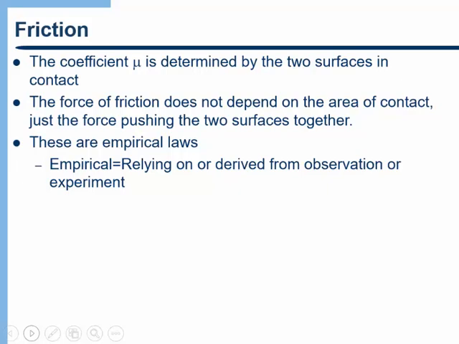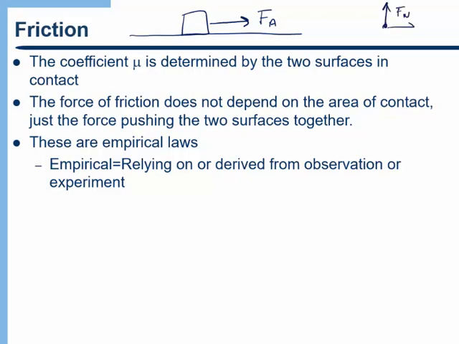We need to literally take one object, put it on another object, and figure out what applied force it takes to pull that object at a constant velocity. We know that if we're pulling that object at a constant velocity, then the applied force and the force of friction have to be the same, and therefore by measuring the applied force we can determine the force of friction and therefore figure out what mu is.